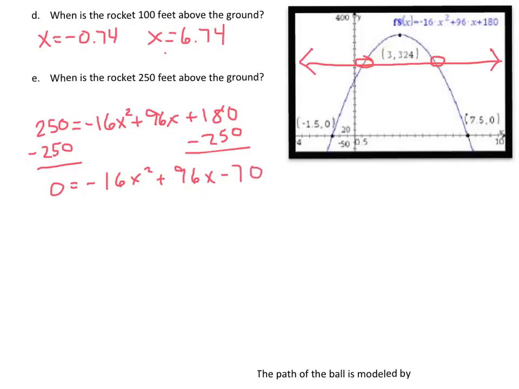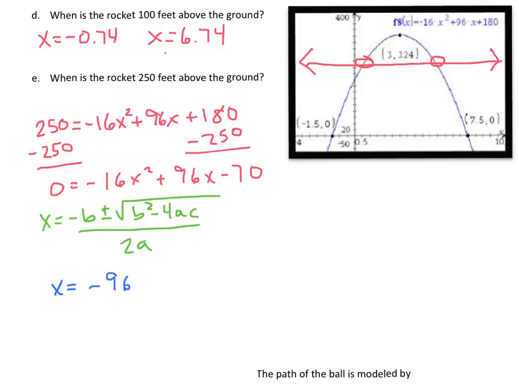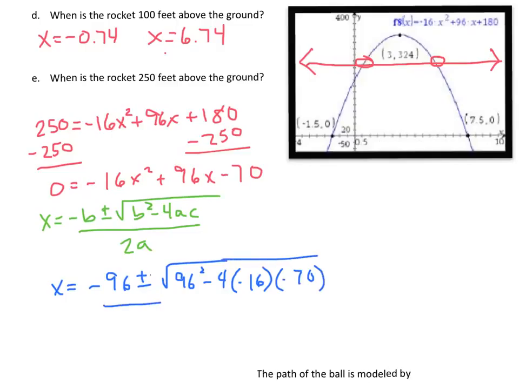Alright, but algebraically, I'm going to use the quadratic formula. So now that I have the quadratic formula, I'm going to do x equals negative 96 plus or minus the square root of, fix my plus or minus, b squared minus 4 times a times c, all over 2a.